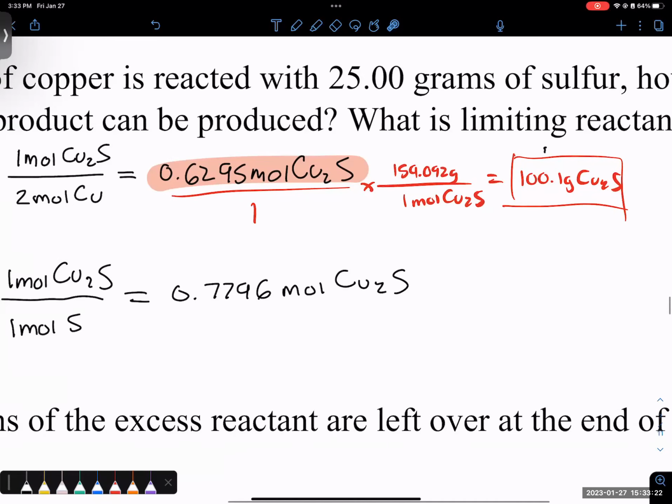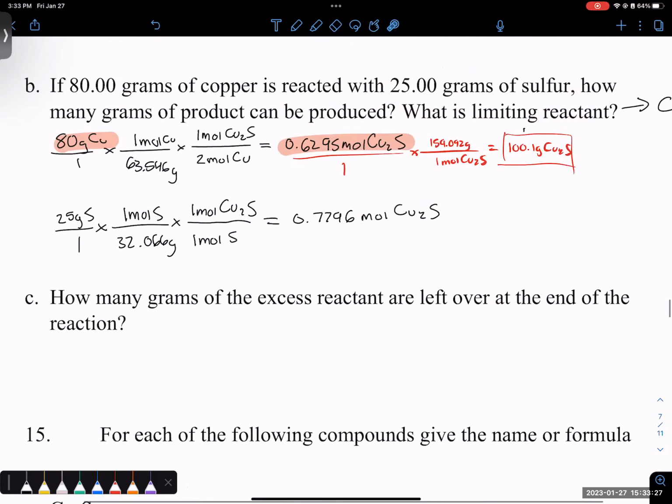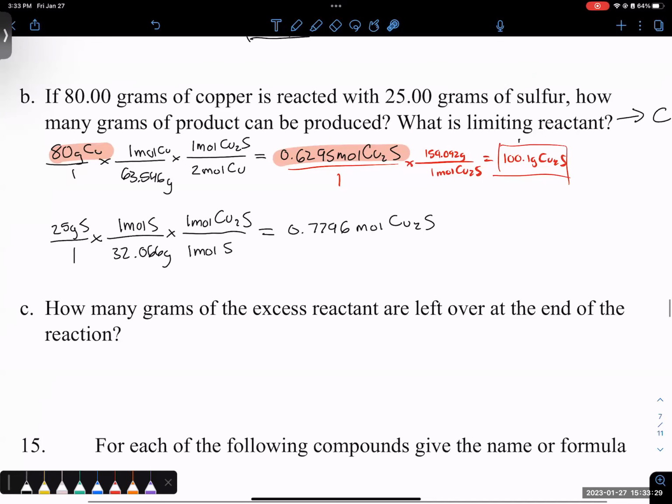Okay, so we figured out how much can be produced. What is that term called? It's the theoretical yield, right? So if everything was perfect, 80 grams of copper with excess sulfur, since this is the limiting reagent, should produce 100.1 grams of product.